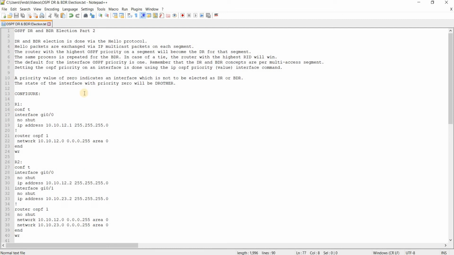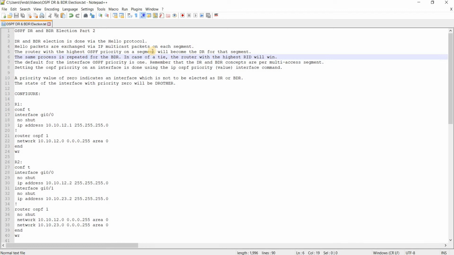All right, so let me just read this part here because I want to also get a refresher. DR and BDR election is done via Hello protocol. Hello packets are exchanged via IP multicast packets on each segment.